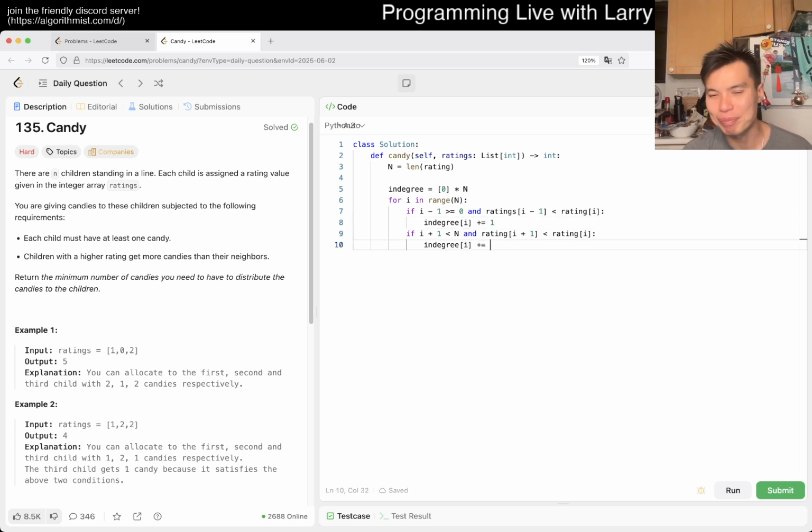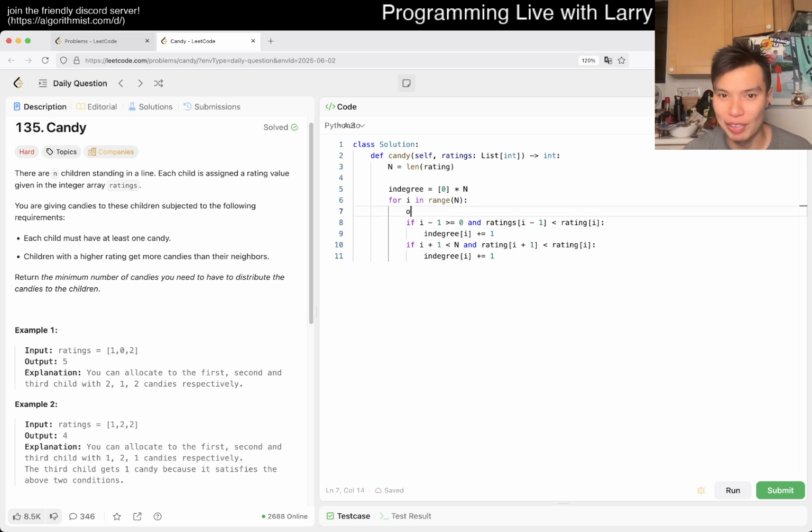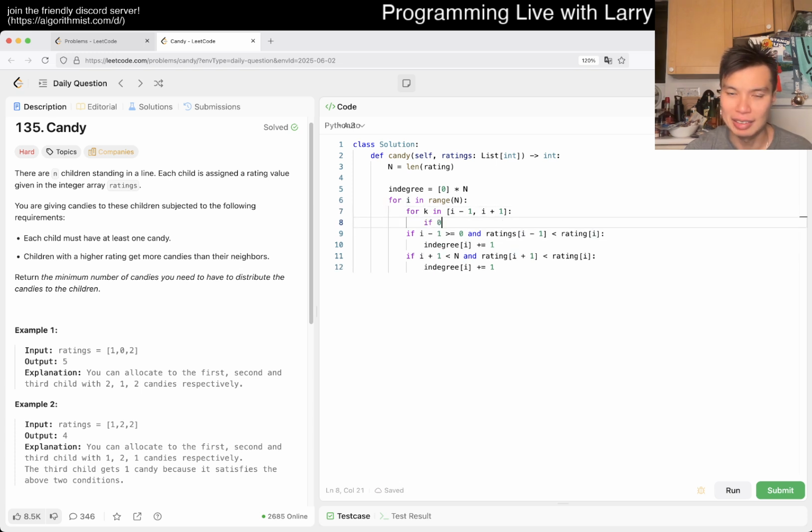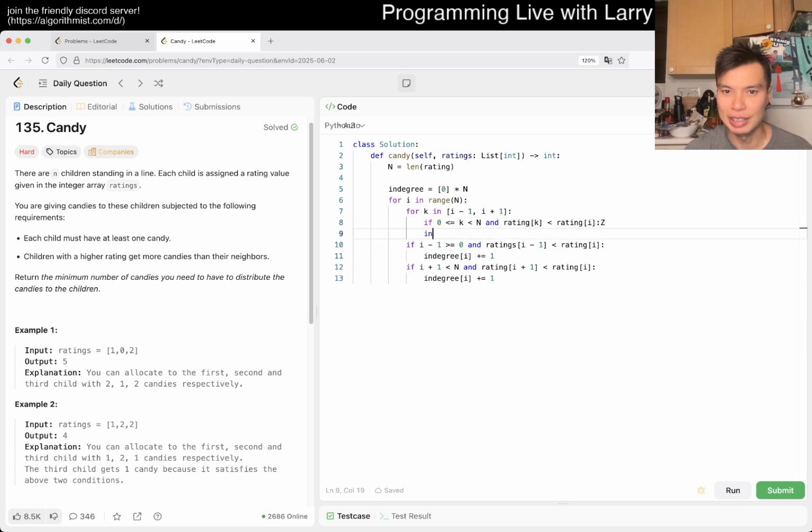And of course, you can even write something like for k in i minus 1, i plus 1. And then this is just going to be k. So now you could rewrite this as, if k is within bounds and rating of k is less than rating sub i, then in degree of i increments by 1.